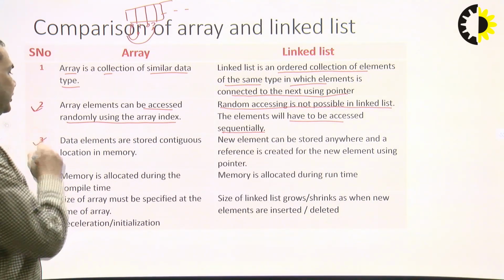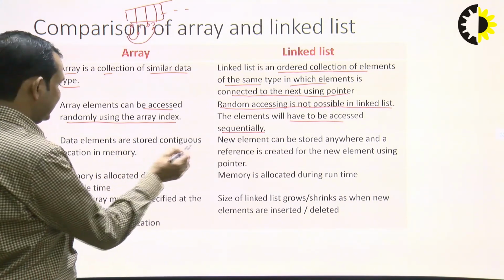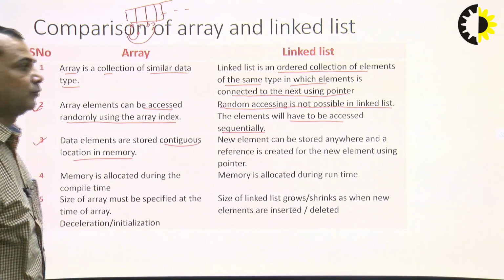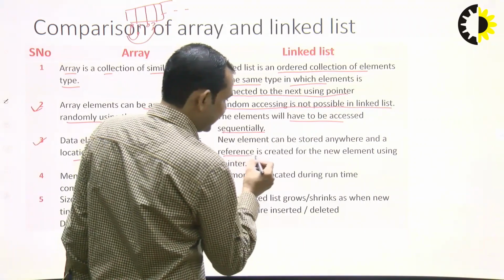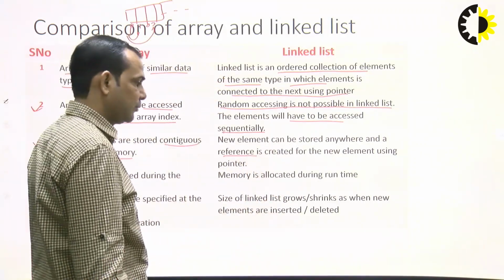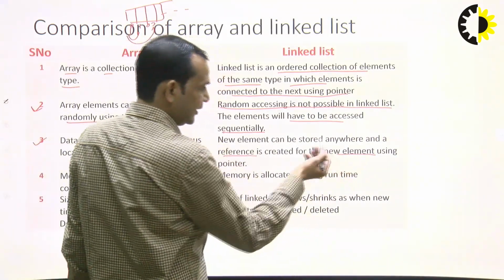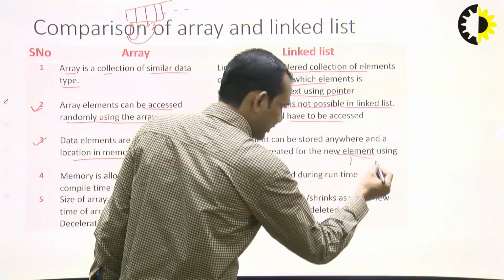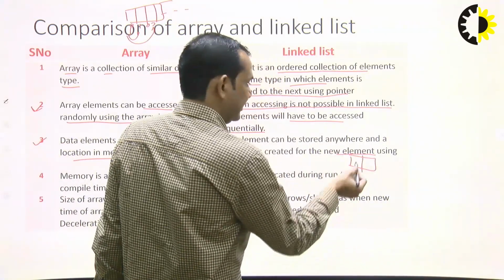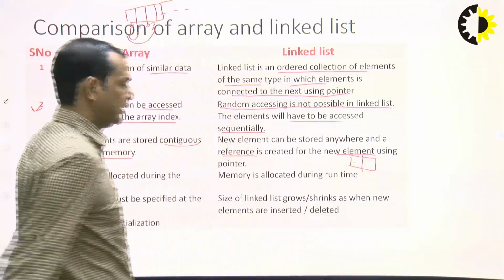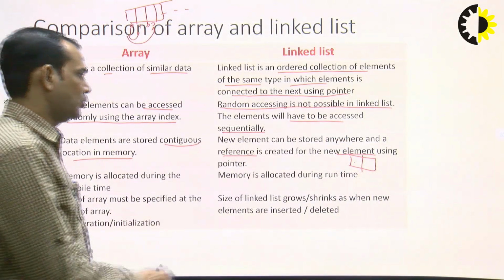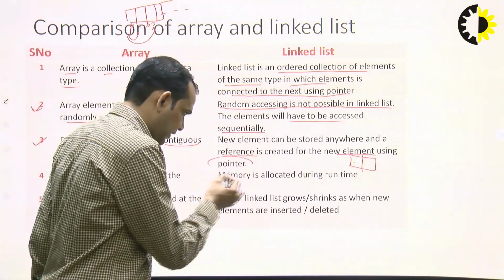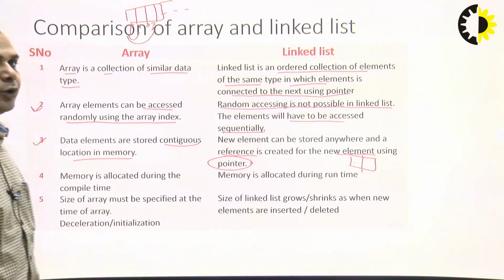In the next point, the data elements are stored in continuous memory allocation. While here they are stored by their references. When we store a new element, नए element के लिए firstly we have to create a node. Then we store the value in the info part, which means a new node is inserted in a linked list, so we are using pointers.